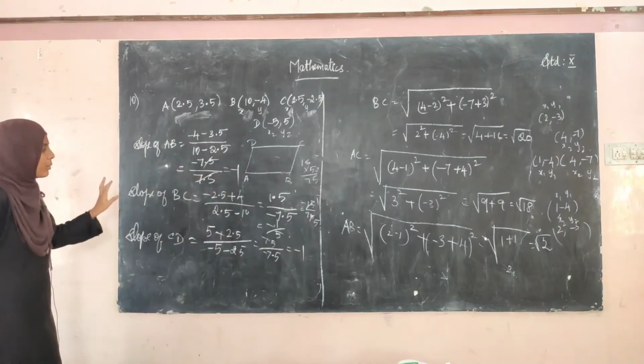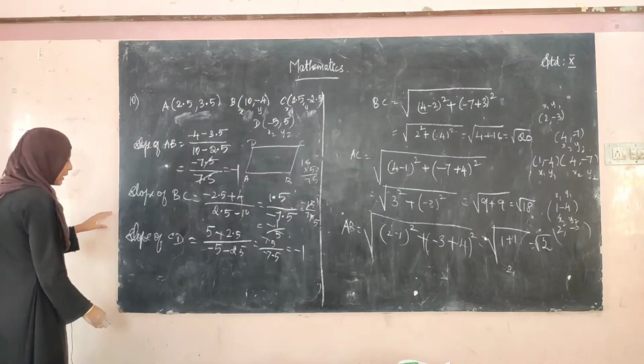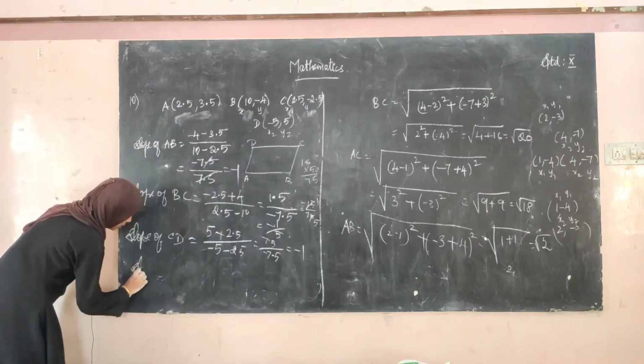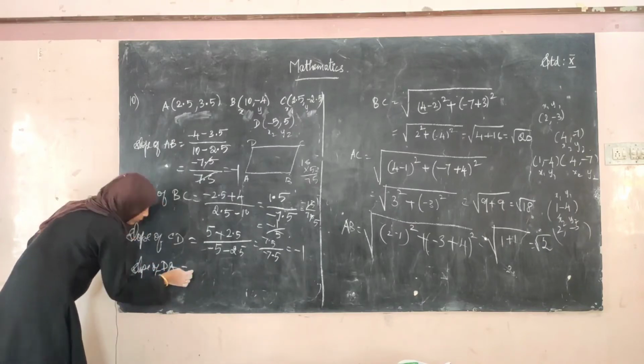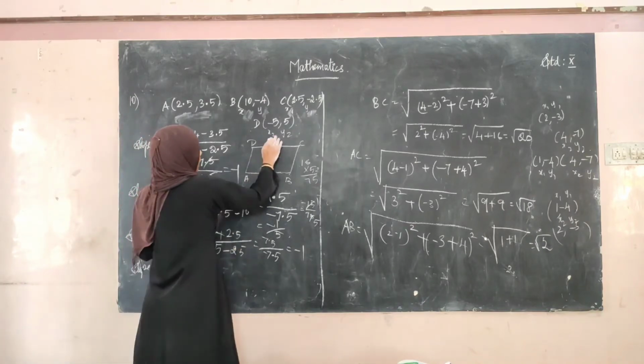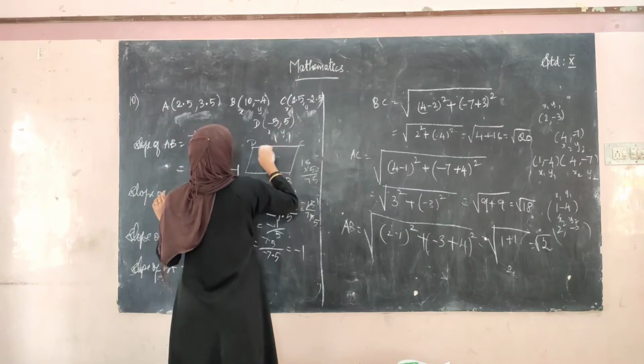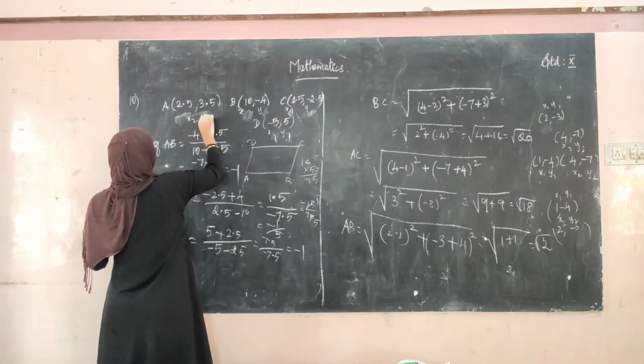And again we have to find the slope of DA. Slope of DA is equal to, so this is x1, y1, this is x2, y2.